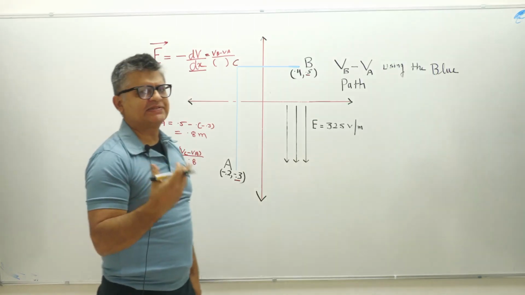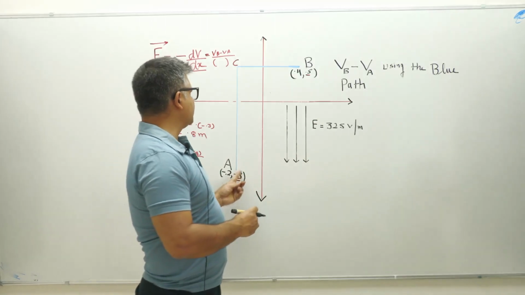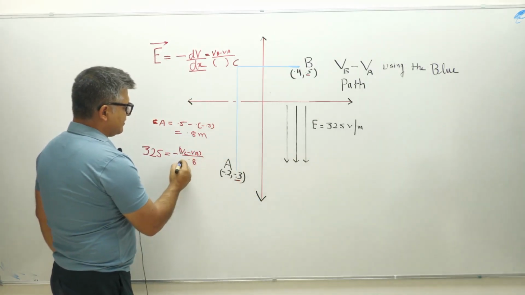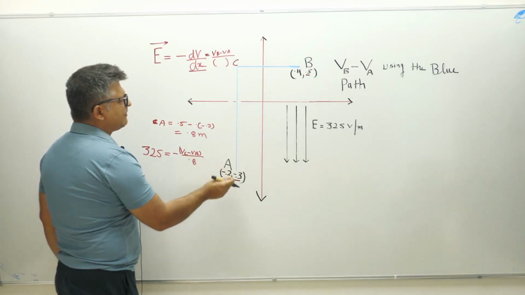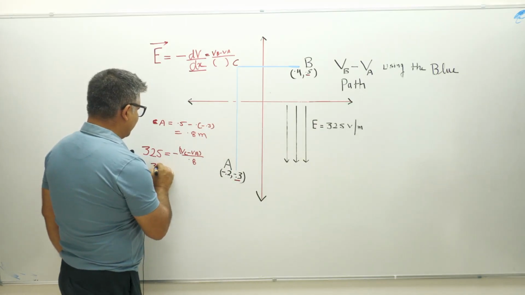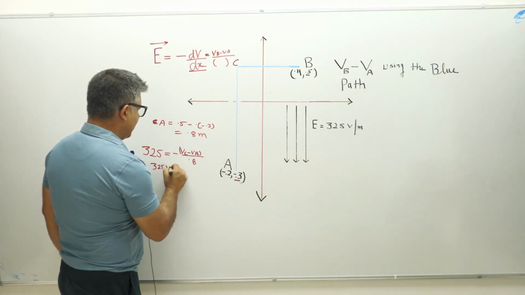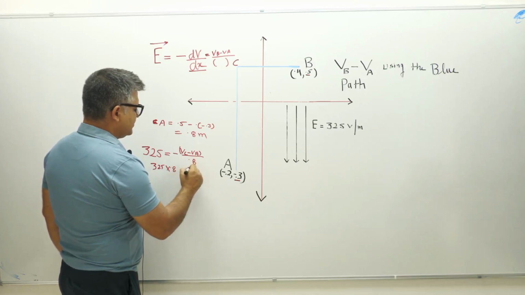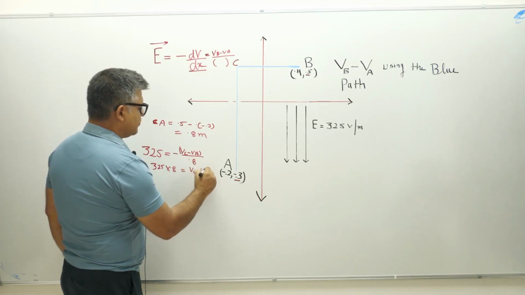If I talk about the displacement from this to this, I can also write a minus sign here, because I'm doing it vectorially now. So 325 multiplied by 0.8 is equal to VC minus VA.